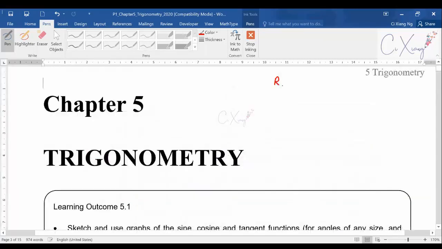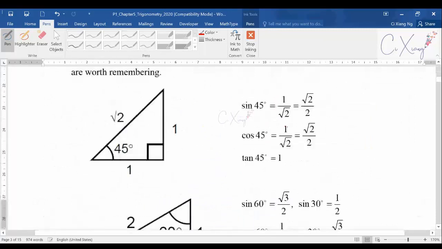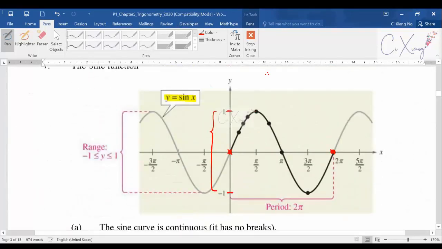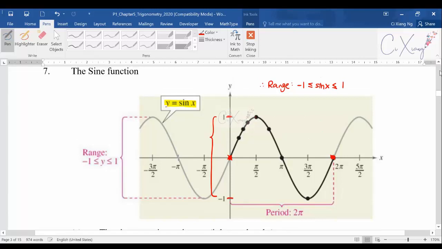Therefore, the range of the sine x graph, y equals sine x, is -1 to 1. So that means sine x is between -1 and 1. This is the basic graph for the sine x graph for one cycle.